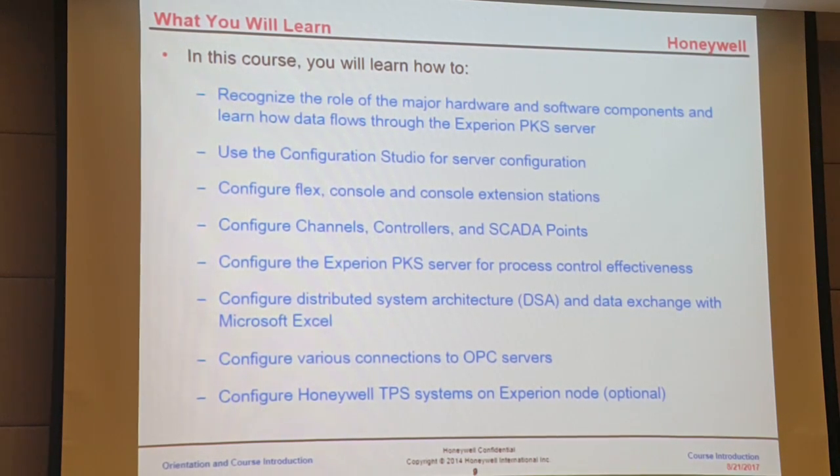We will learn how to share data among Experian servers using distributed system architecture, which we call DSA. We also learn how to do data exchange with applications including Microsoft Excel. We will learn how to configure various types of Experian OPC clients in order to connect to OPC servers.